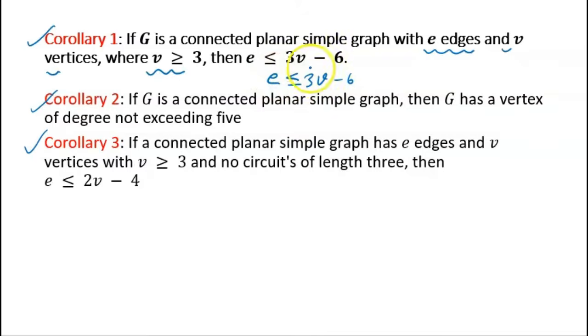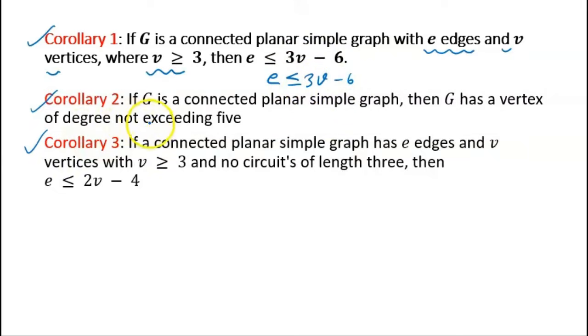This is the condition that if you have a planar simple graph with E edges and V vertices, and the number of vertices is greater than or equal to 3, then E will be less than or equal to 3V minus 6.